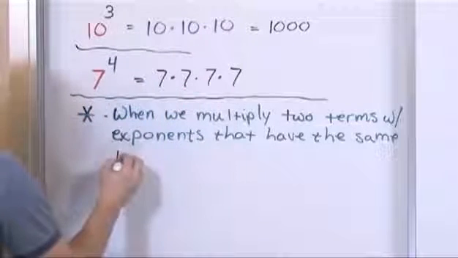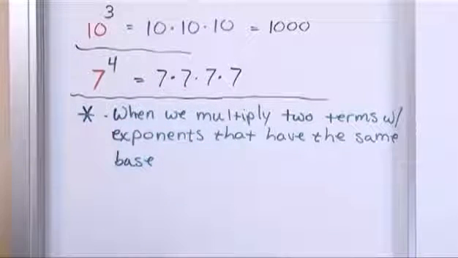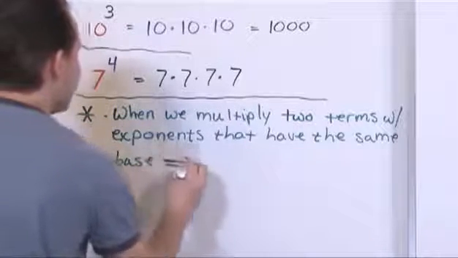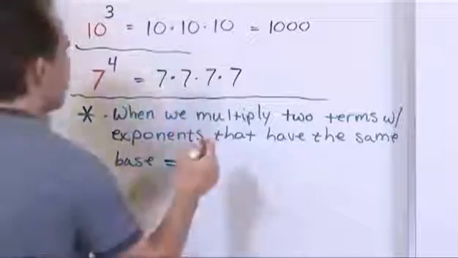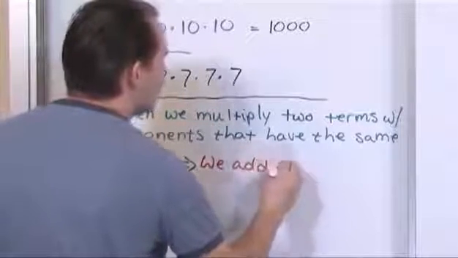That's why I introduced the terms before. So now you know the base is the bottom number here. When we multiply two terms together that have exponents and that they have the same base, then what we do in that case, I'm going to actually change colors to make it a little bit easier to read, we add the exponents.